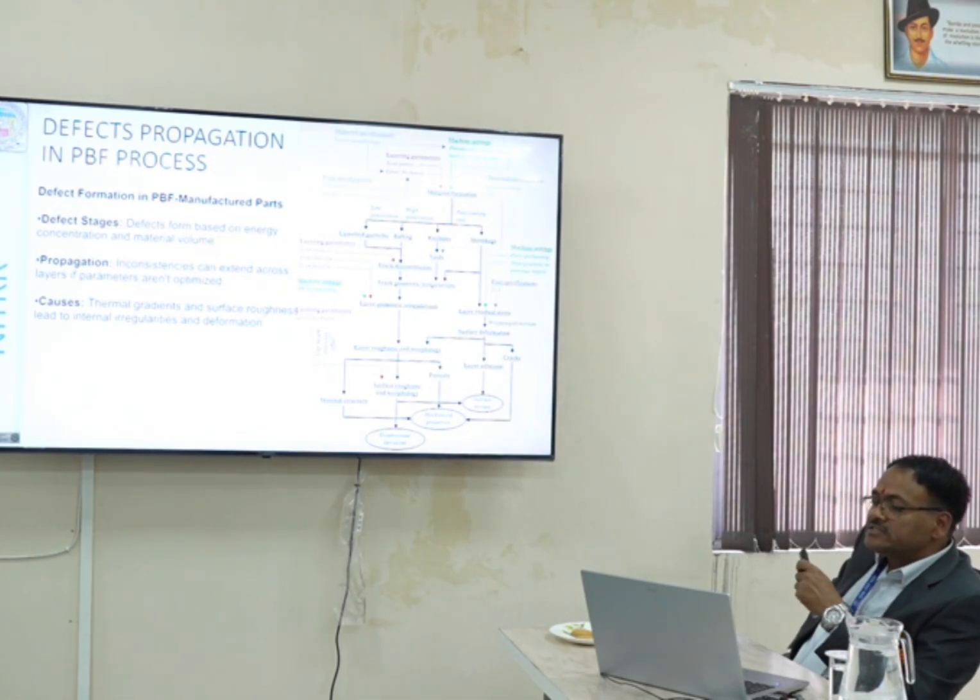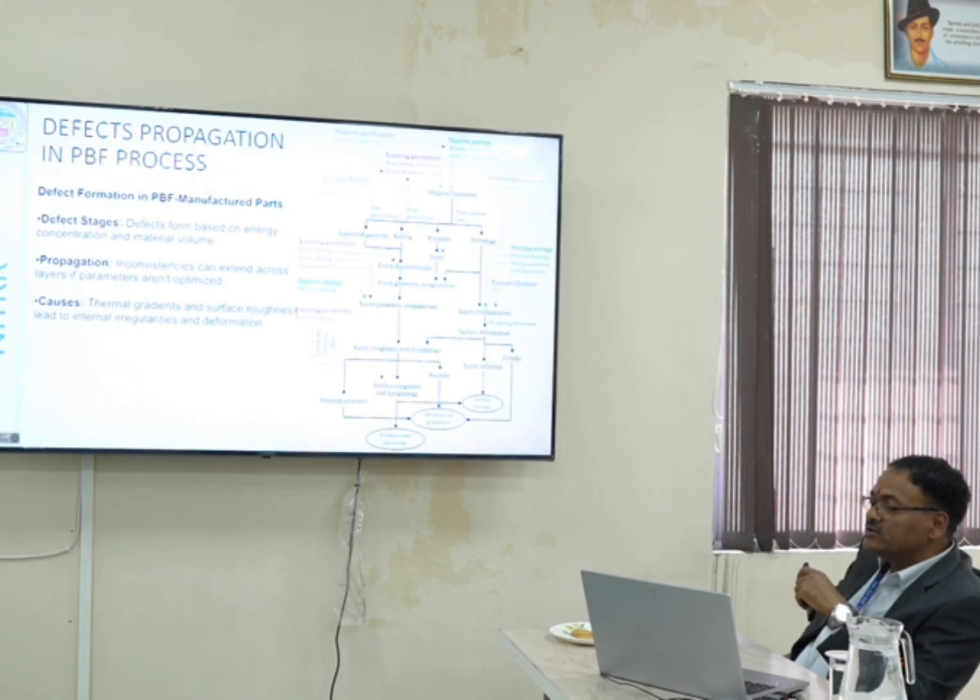This figure illustrates the formation of defects in a manufactured part. Inconsistency may appear because of the energy concentration, maybe in the material amount, which can propagate throughout the scanning or detection if layering parameters are not adjusted. The thermal gradient and the surface roughness can cause internal irregularities and deformations.